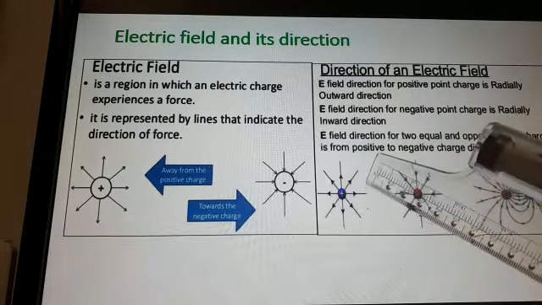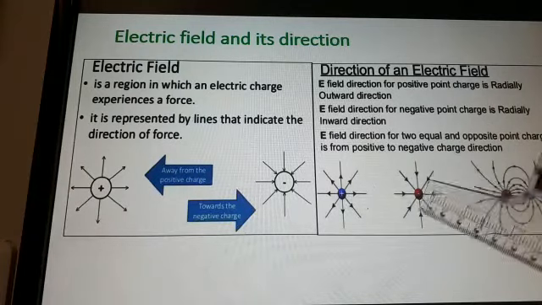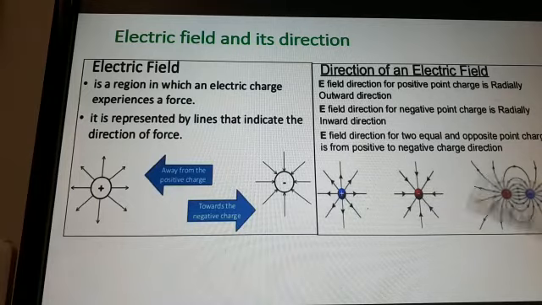See that arrowhead: this is outwards and here it is inwards. In these two pictures, the electric field direction of a positive point charge is radially outward, and this one is radially inwards. And here, the electric field direction of two equal and opposite charges is from the positive to the negative charge.